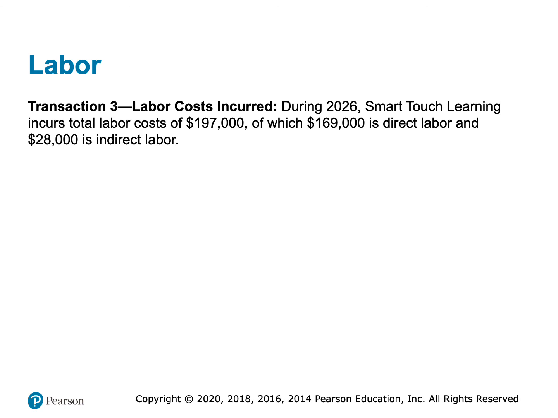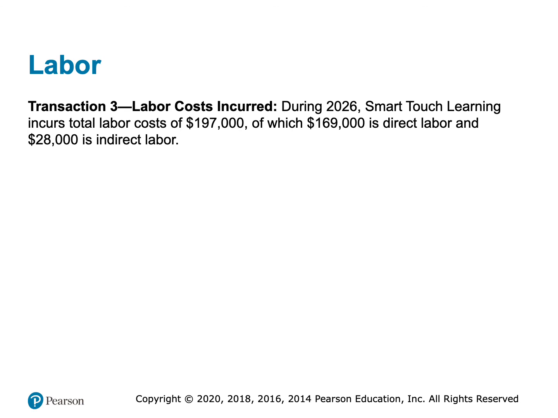Remember, the direct labor is going to go directly into work in process, so we'll debit work in process for the 169. The indirect labor has to go through overhead, so we will debit overhead for 28,000, and then the credit stays the same as it always did.